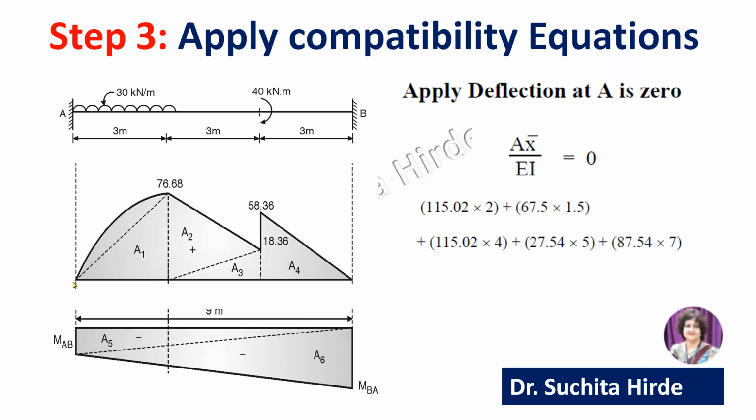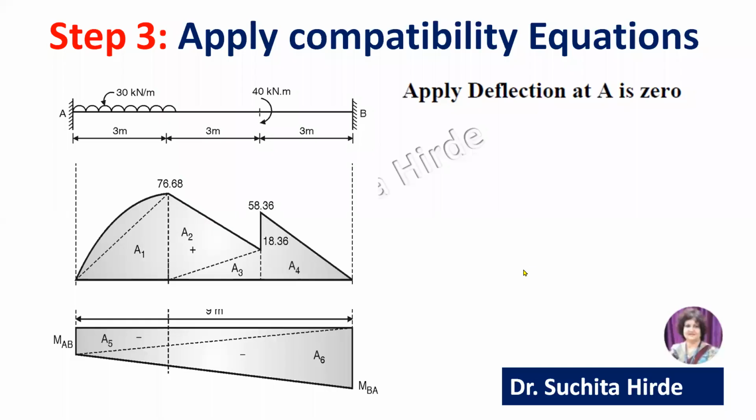So its distance is 3 meter plus 1/3 of 3, that is 1 meter, 3 plus 1, 4 meter. A3 is 3 meter plus 2 meter and A4 is 6 meter plus 1 meter. Then CG of A5 is 1/3 of 9, which is 3 meter, and CG of A6 is 2/3 of 9, which is 6 meter.